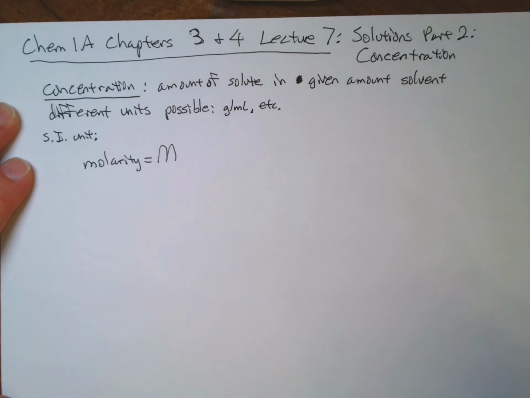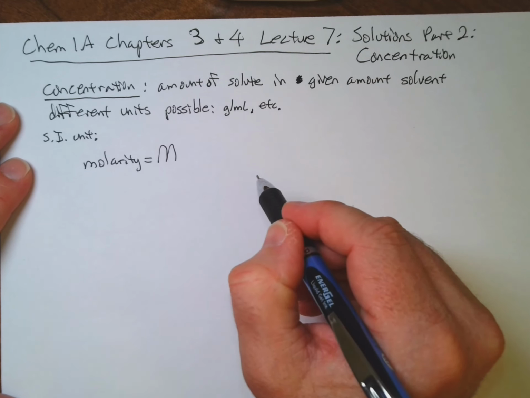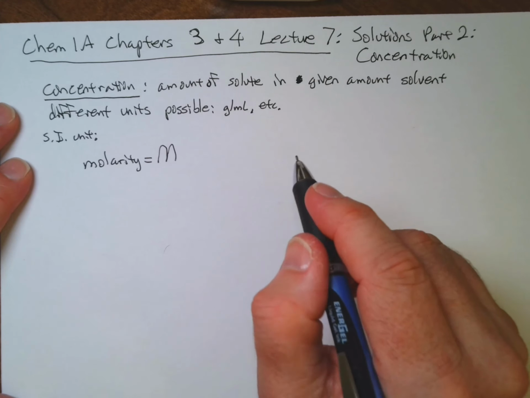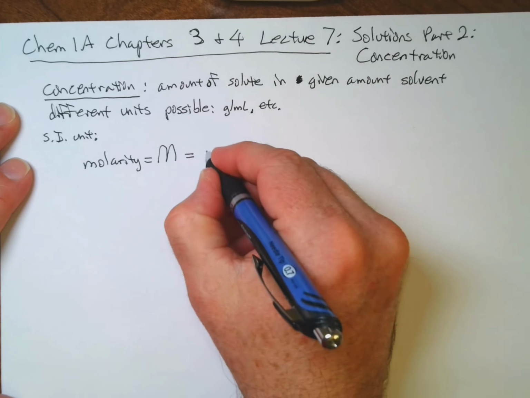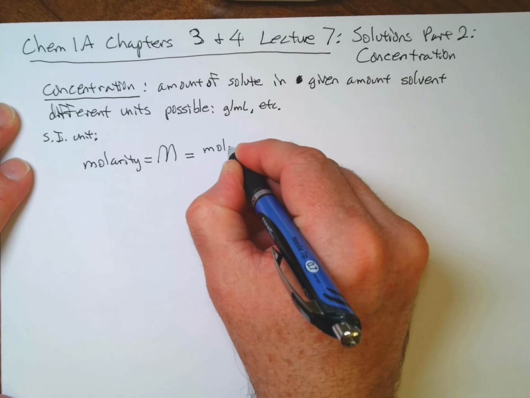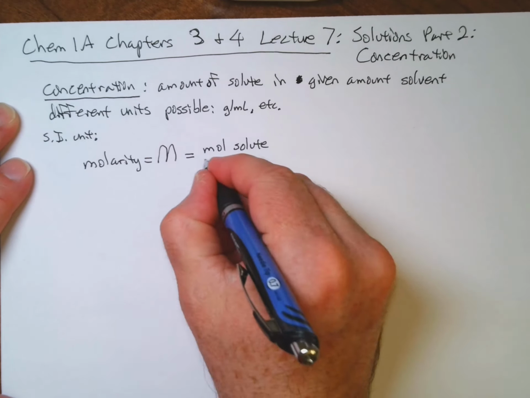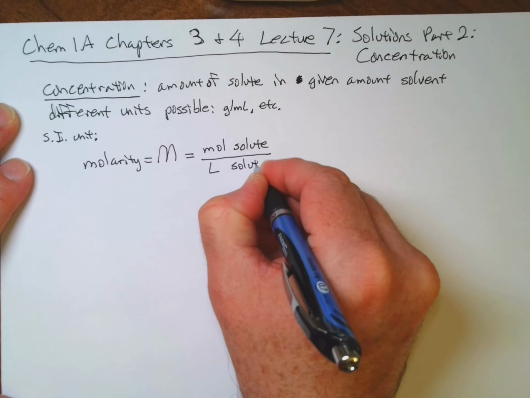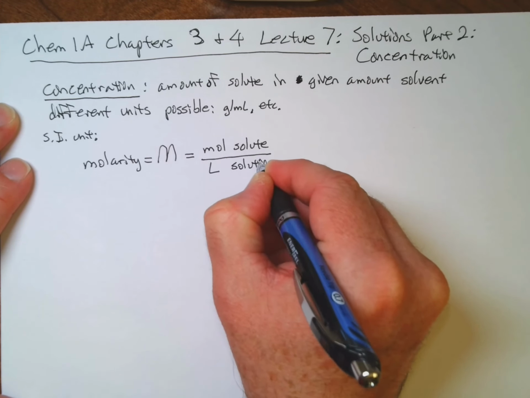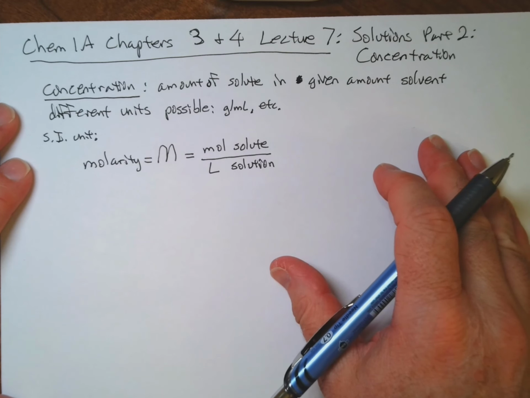And we will denote that with a capital M. That's my capital M there, a little bumpy, but that's how I draw my capital M's. And the definition of molarity is moles of solute per liter of solution. So that's the total volume including solvent and solute.